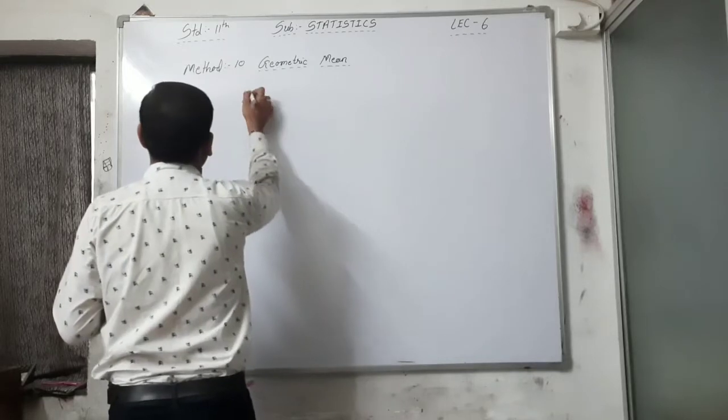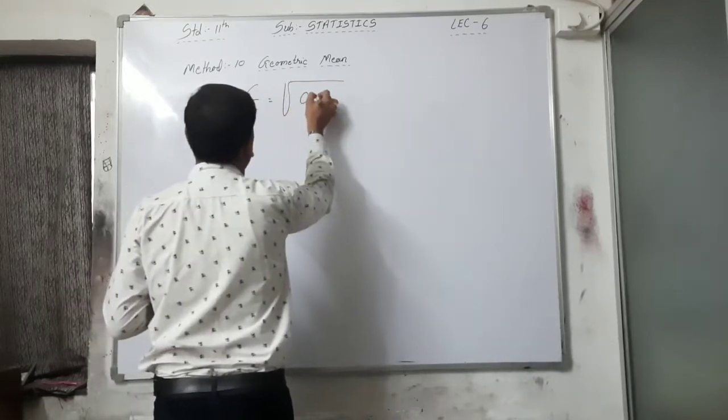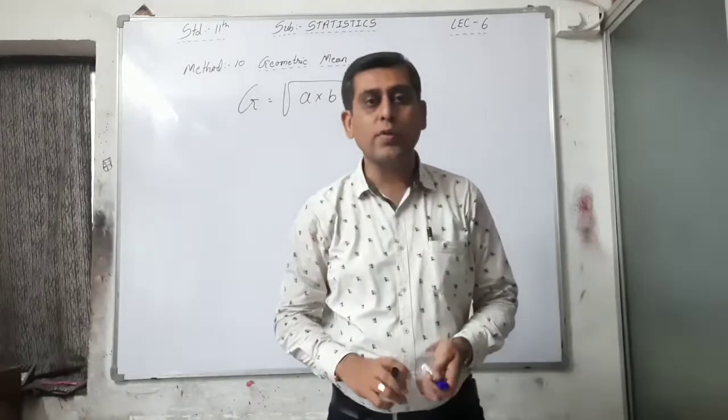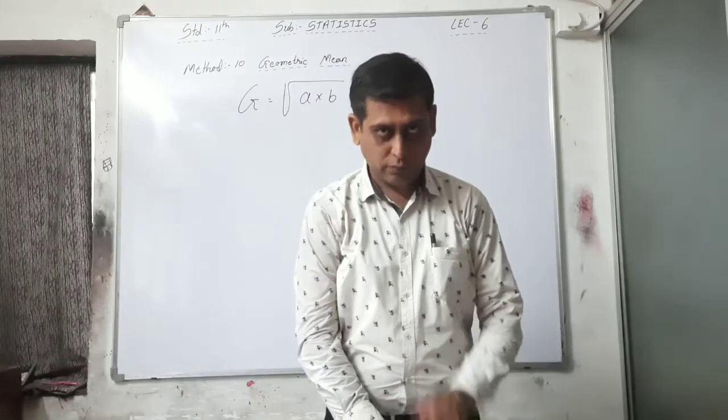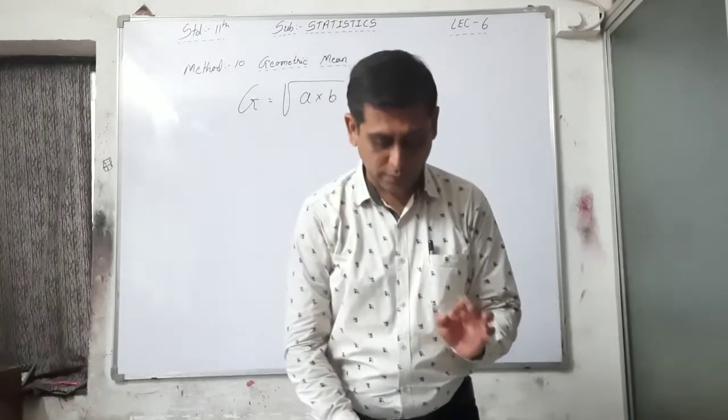What is the formula for that? G is equal to the square root of A into B. When there are two observations given, you have to find the geometric mean between the two observations.